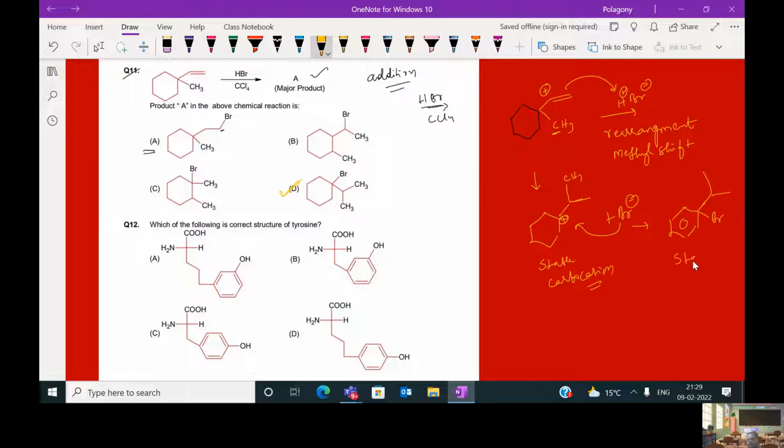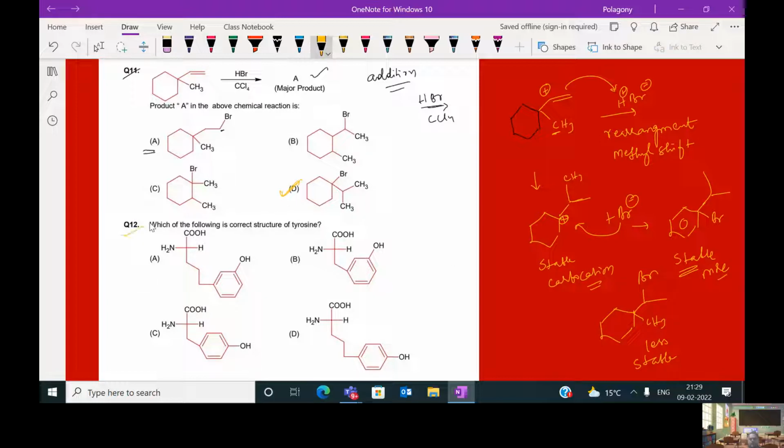This is the most stable product, and one more product is also possible here. Now here is the Br possibility, and here is the methyl possibility. This is less percentage, this is less stable, this is more stable. So D is the correct option in this case.